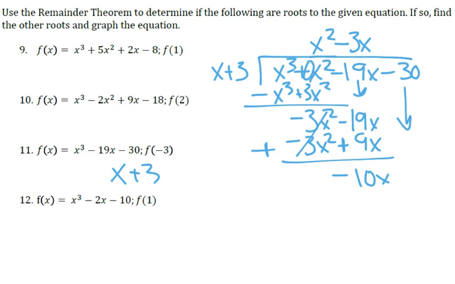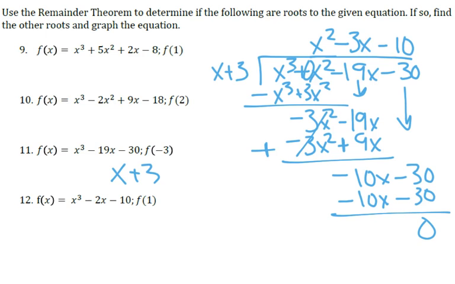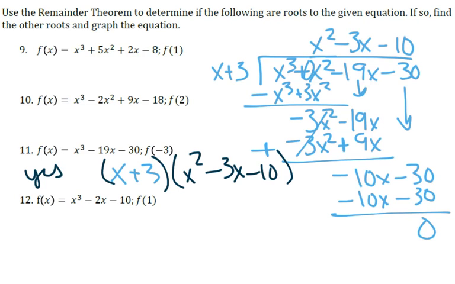Bring down a negative 30. Okay. And we'd have to multiply by negative 10. So we'd get negative 10x minus 30. So it becomes 0. So that's a factor. Then to finish it off, we know that yes, it's a root. So we get x squared minus 3x minus 10. Then we could try to factor that out.